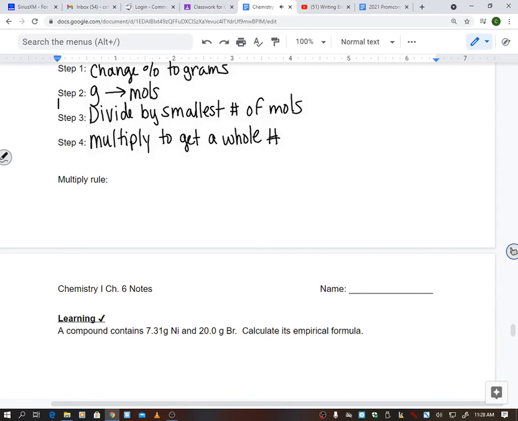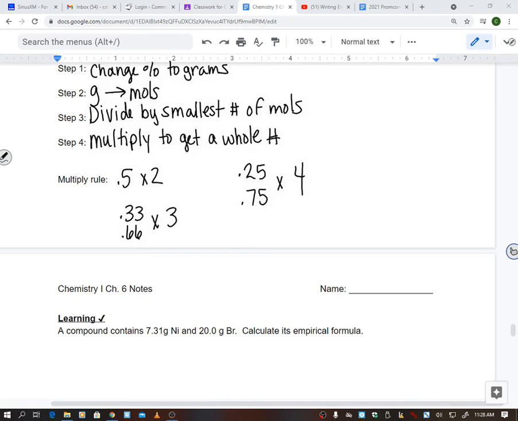Okay, so the multiply rule, I'm going to write some of those down that she said. So she told us that if it's 0.5, we will multiply by 2. She also told us that if we have 0.33 or 0.66, we're going to multiply by 3. And then she told us if we have 0.25 or 0.75, we are going to multiply by 4.